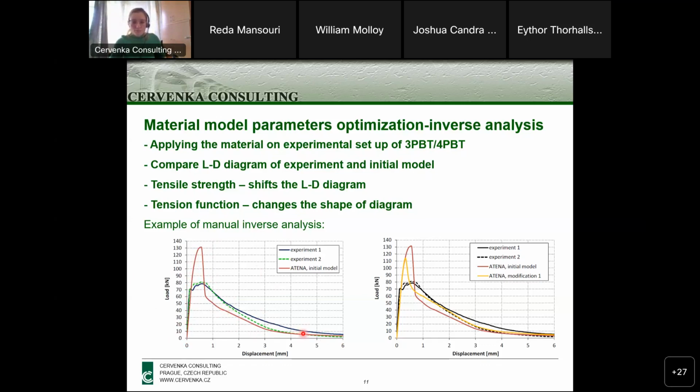Manually you are changing the parameters and getting better as you are approaching the experimental result. You can see the first modification from the initial one getting closer, but it might be time consuming and it also probably needs experience, or gaining experience, with this inverse analysis.